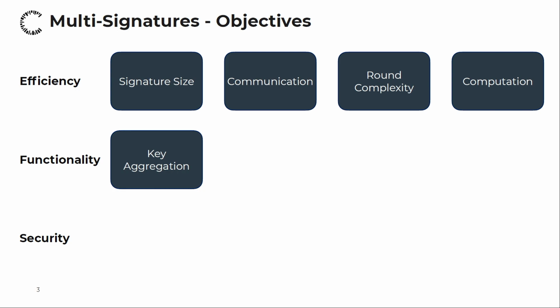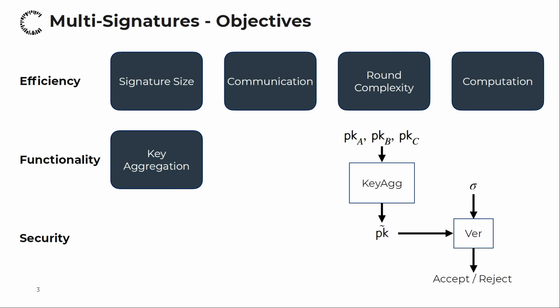It says that you can not only have a compact signature, you can also have a compact form of representing your list of keys. So what does that mean? We take the list of public keys and we can aggregate them into a short aggregated public key, and then you just verify with respect to this public key. So this public key encodes sort of all these public keys and can be used for verification.